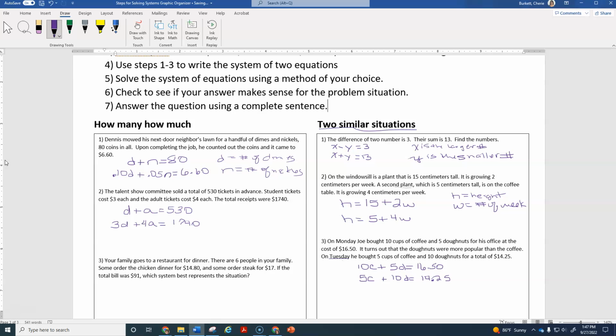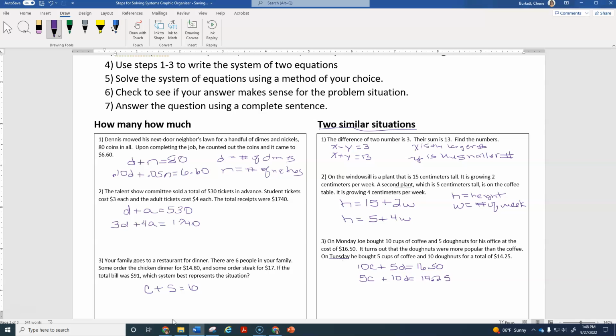Your family goes to a restaurant for dinner. There are 6 people in the family. How many people do I have? I have 6 people. Some ordered chicken, some ordered steak, but there was a total of 6 meals ordered. That's how many meals were ordered. The next one is how much is each one of those worth.